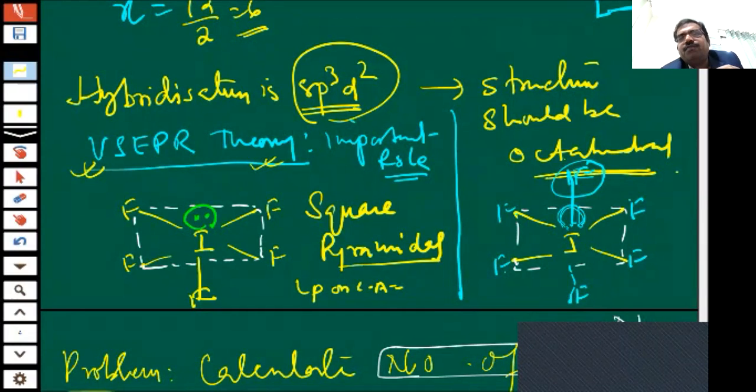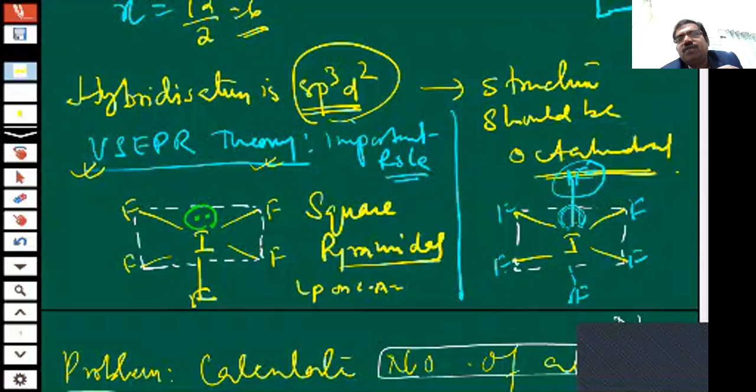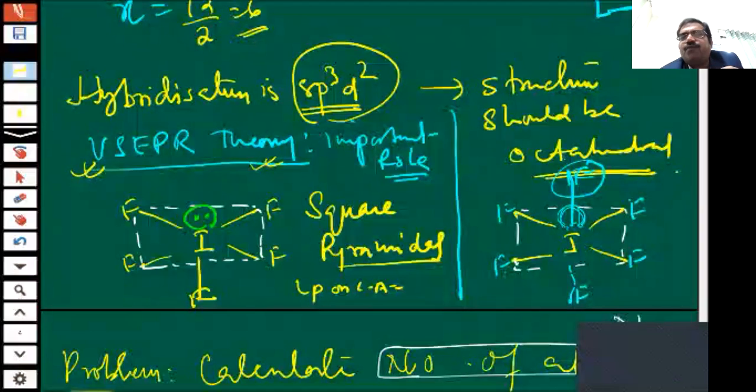This is the clear guideline given by valence shell electron pair repulsion theory.